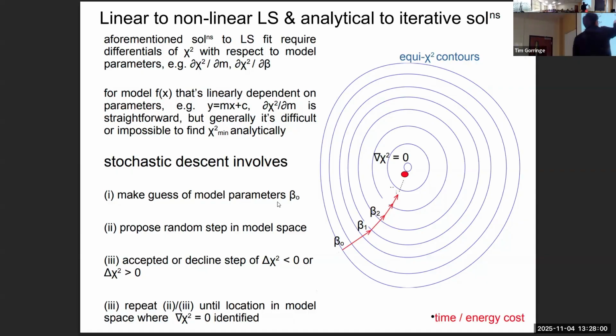So this is one way of finding the minimum: taking random steps around and accepting or declining depending on whether you go up or down in chi-squared. So that's called stochastic descent, and that is used in machine learning, for example, and on various chi-squared minimization problems.